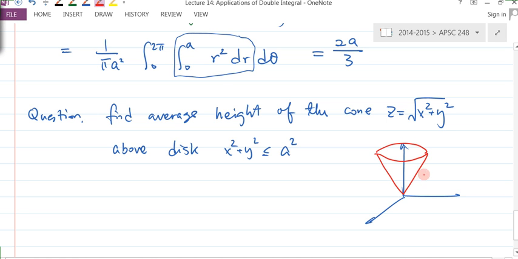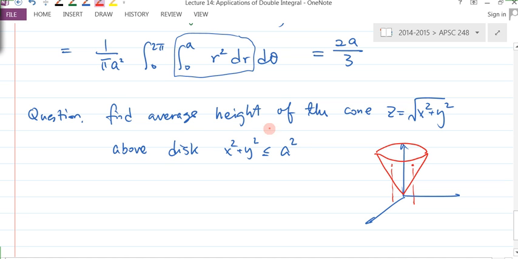So this is the cone here, and the question essentially is: you pick any point on the surface of the cone and try to find the average height of every possible point. But this is the cone above the disk x squared plus y squared less than a squared.